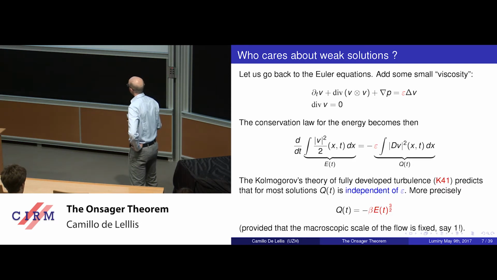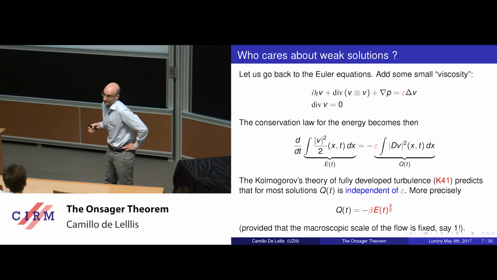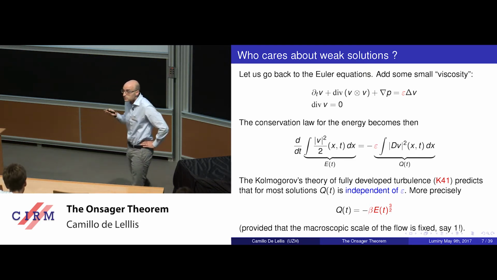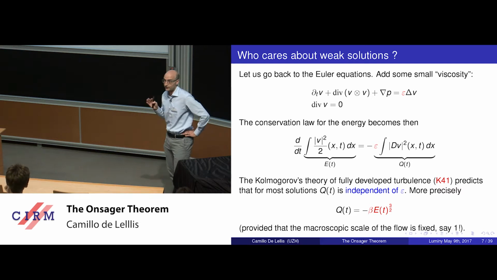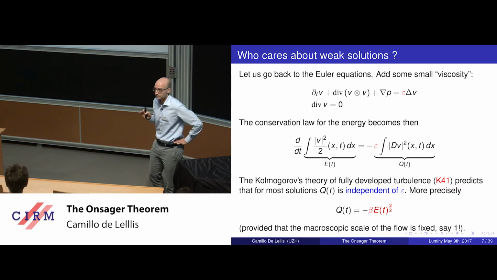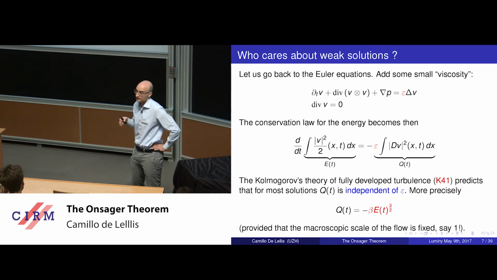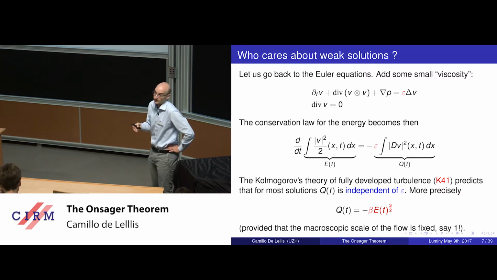But on the other hand, if you open a book in the theory of turbulence, you see that Kolmogorov's theory of fully developed turbulence, what is called the K41 theory, predicts, in fact, that for most solutions, whatever you understand by most solutions, because there is not yet a clear way, that I know of at least, of putting a probability measure on the space of solutions, which in 3 dimensions we don't even know whether they are unique or not.